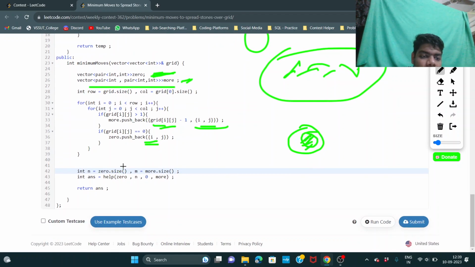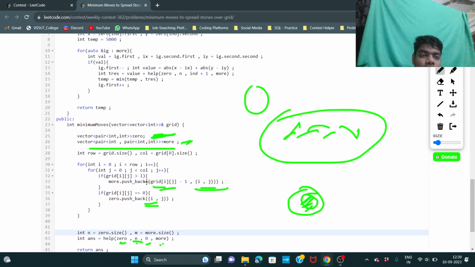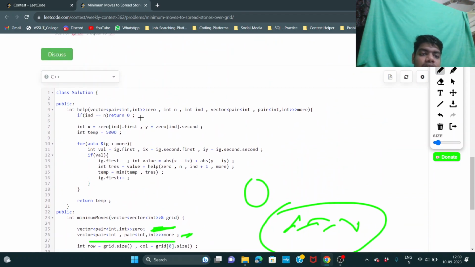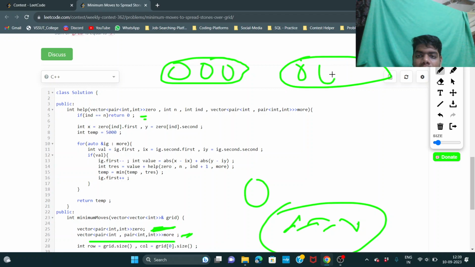So now this is the size of the zeros vector, and this is the more vector, and this is the index starting point. After that, if the index is 0, then this is the thing. Let's suppose I have this many numbers.